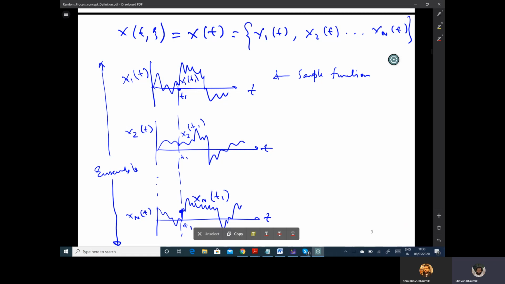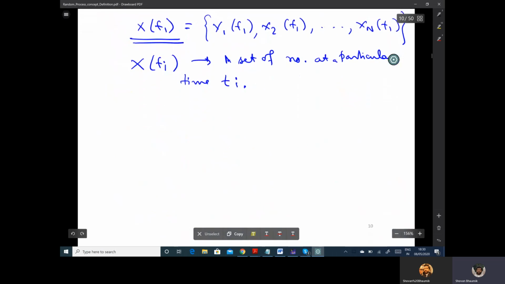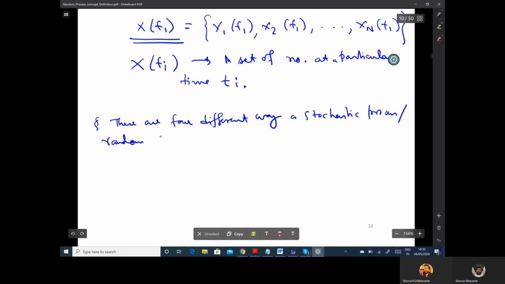So there are four different ways a stochastic or random process can be represented.